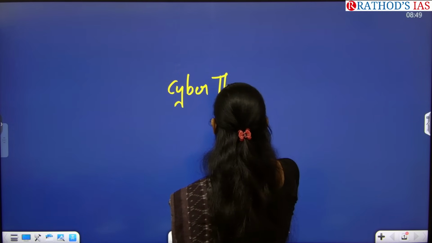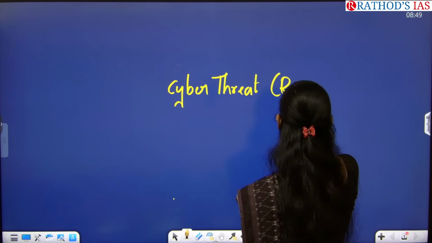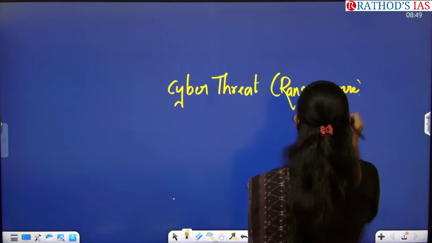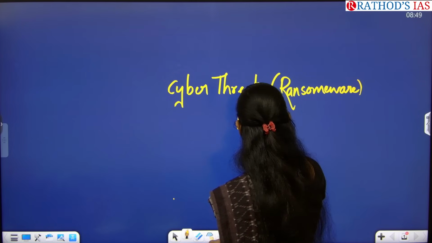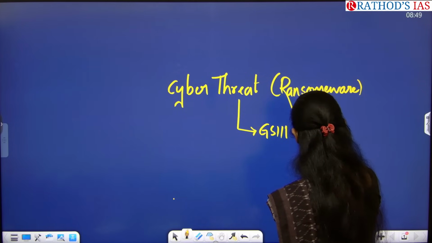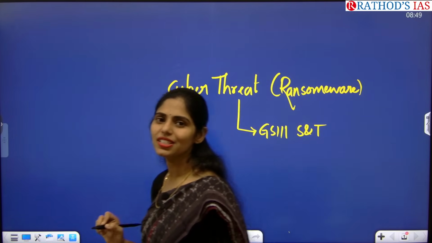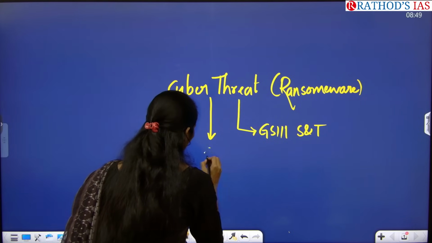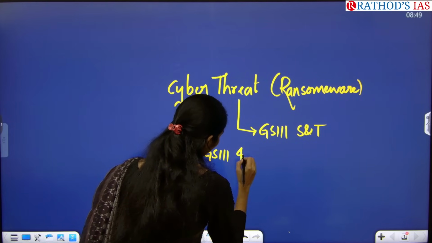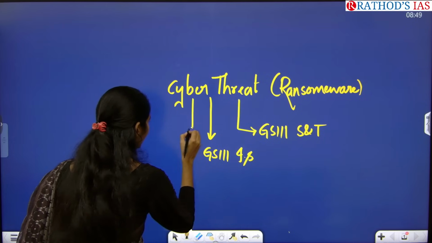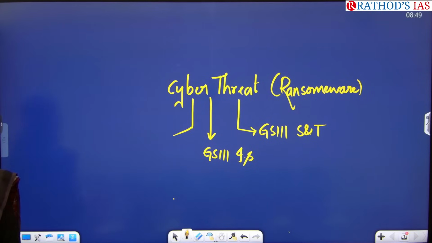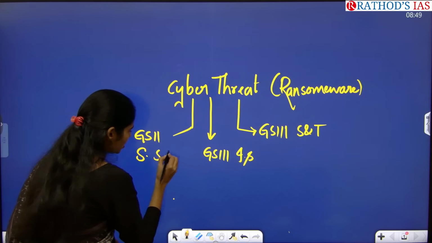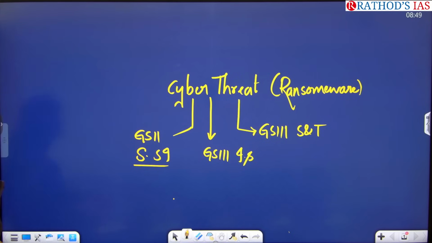The keyword here is cyber threat, that too ransomware. You will see this article in your GS paper 3 under science and technology, and whenever a cyber attack happens on our key defense equipment, it comes under GS paper 3 under internal security. And because of cyber threats, how they impact our society, we can even connect this topic to society and social issues, from GS1 and GS2 as well.